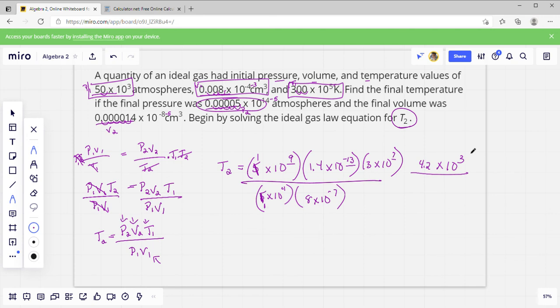Alright, down here we're going to have 1 times 8 will be 8 times 10, and then we'll put those two together, that would be negative 3.